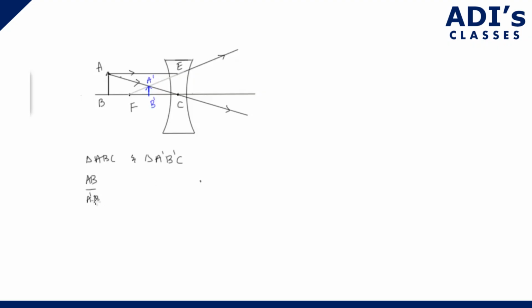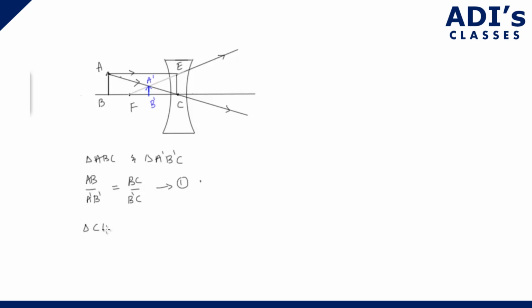Then from E to C, again we drop a perpendicular, like this, just like what we did in the previous derivation. Then we take triangle CEF and triangle A dash B dash F. Even these two triangles are similar, right?